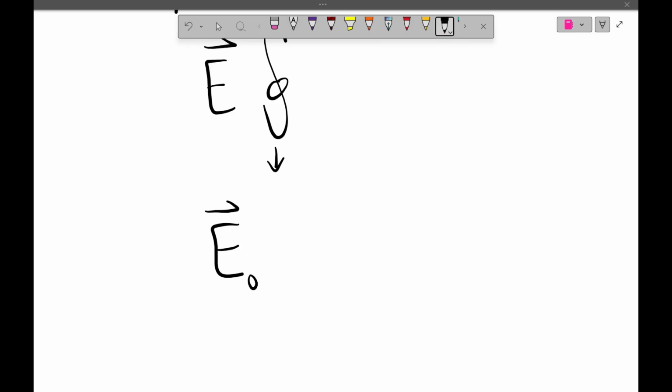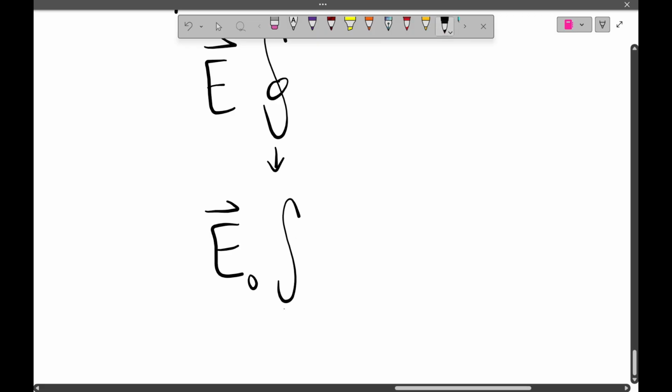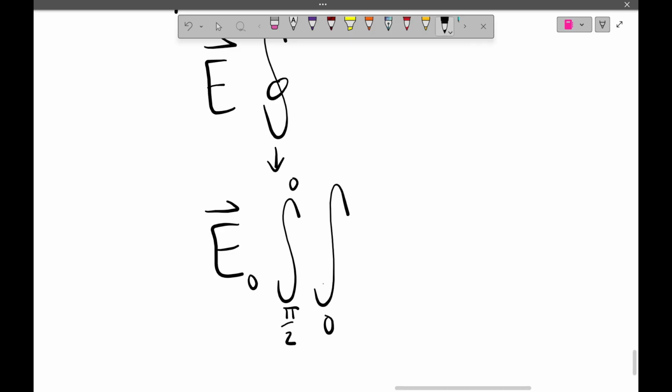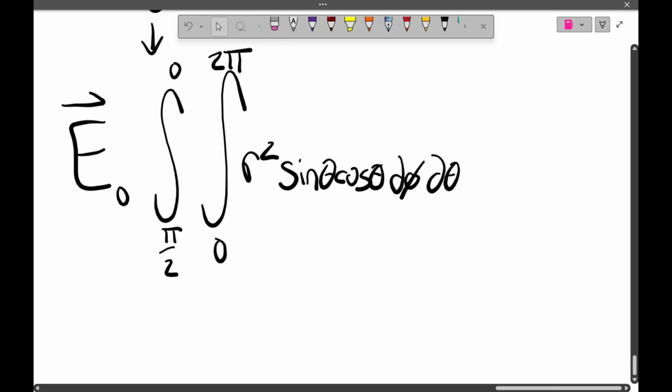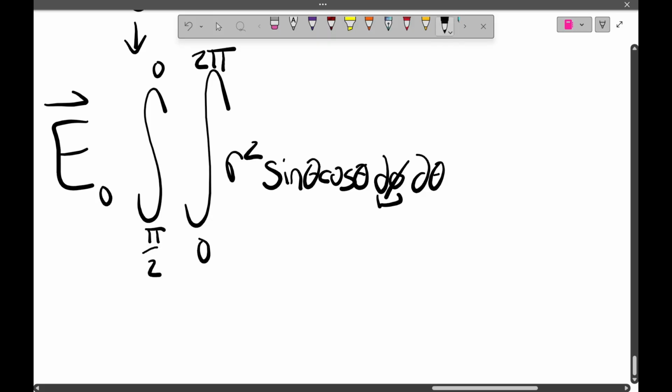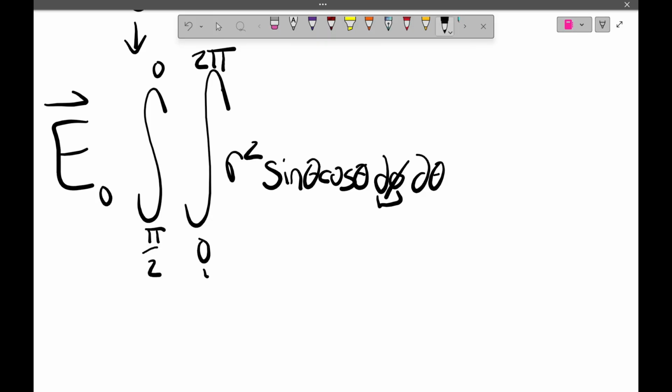We described that integral to be pi over 2 to 0, 0 to 2 pi, r squared sine theta cosine theta d phi d theta. Now, when we're taking an integral, first, we have to evaluate from the inside out. So we have this first integral with respect to phi. There is nothing to do with phi here, here, or here.